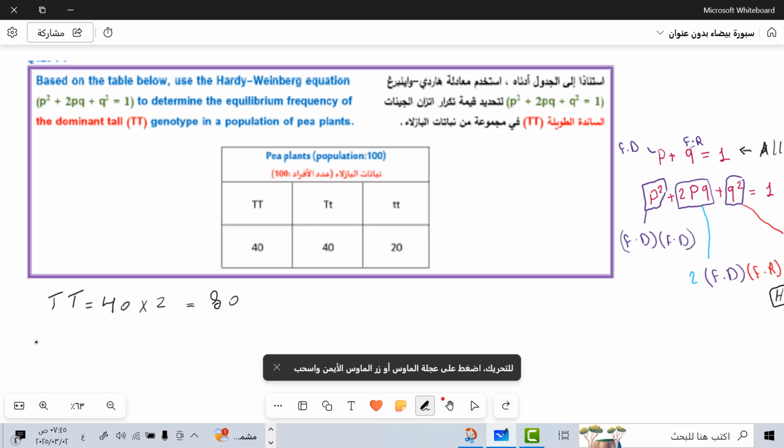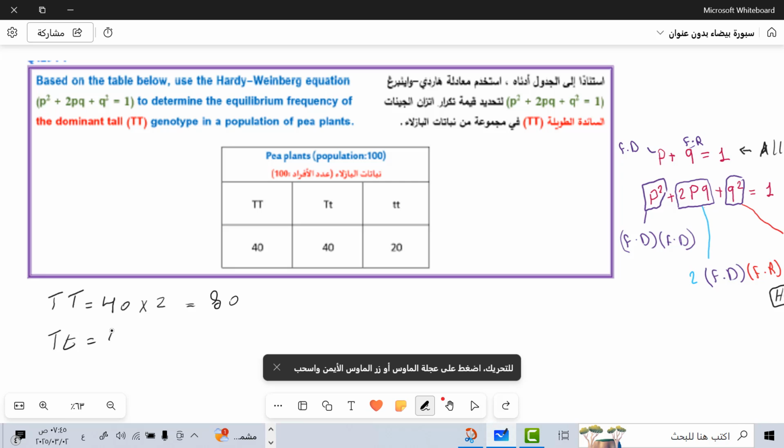Right. Second one, T capital T small is equal to how much?